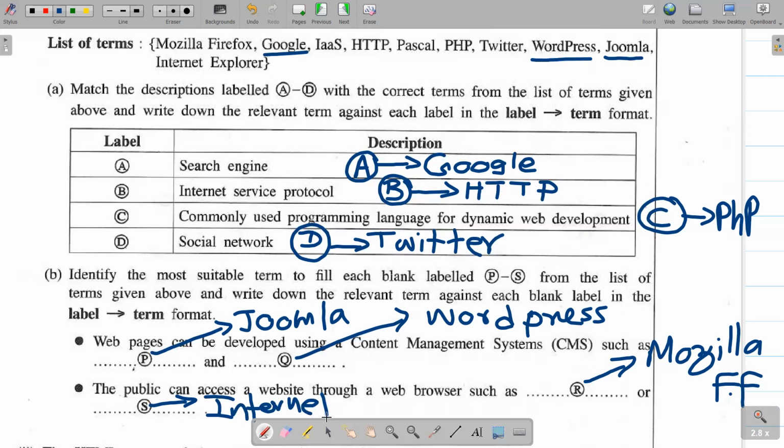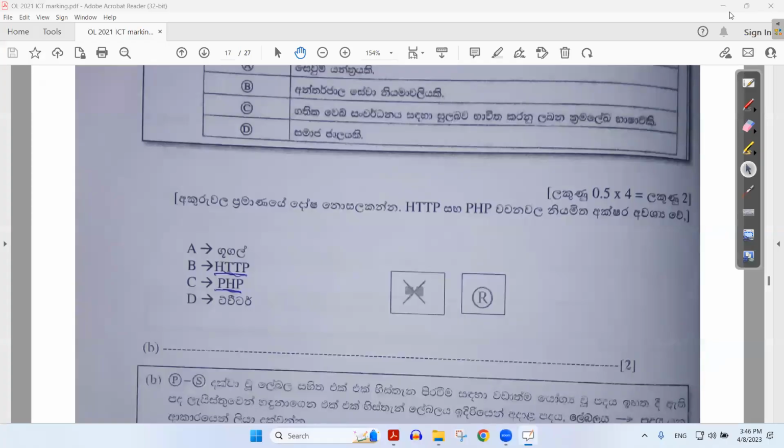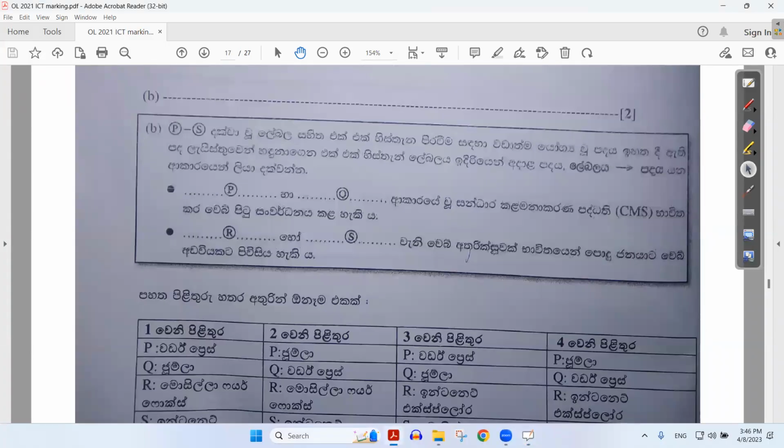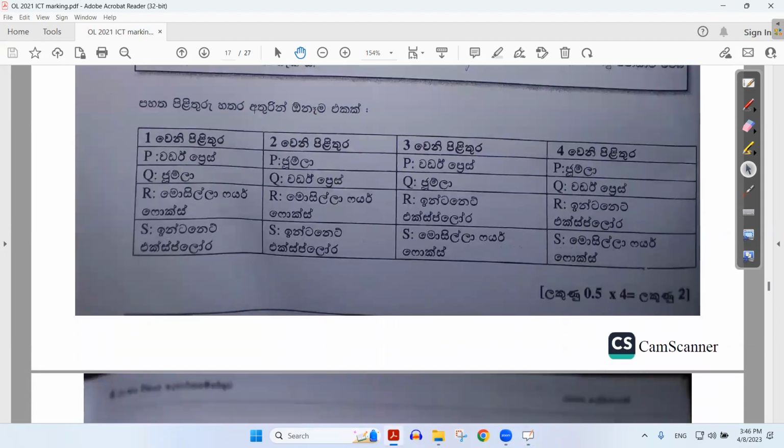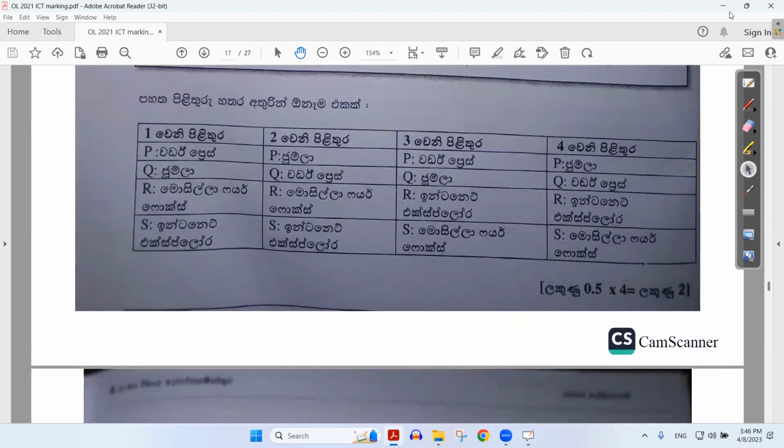Again, you can change the order. Right, so that is how the PQRS are being filled. As you can see, here they have given 4 different variations of the answers that can be provided, right?